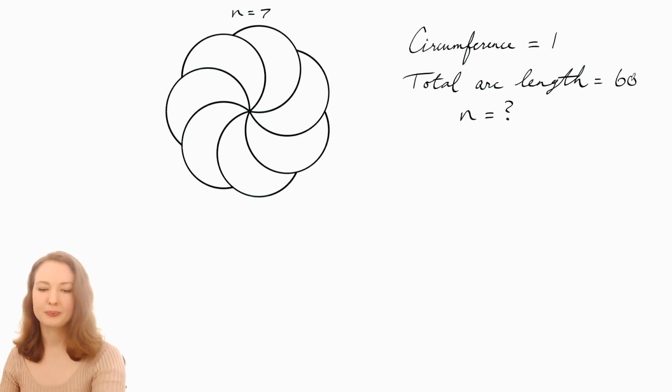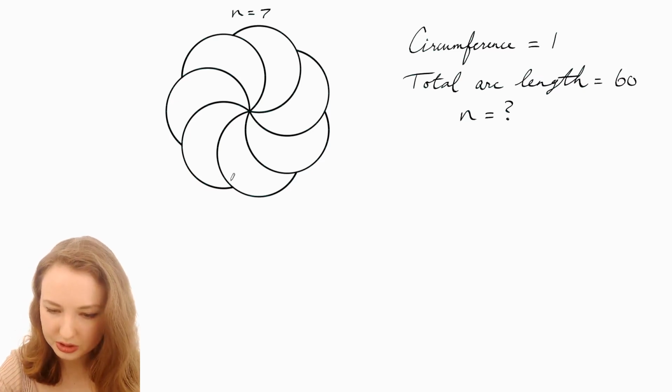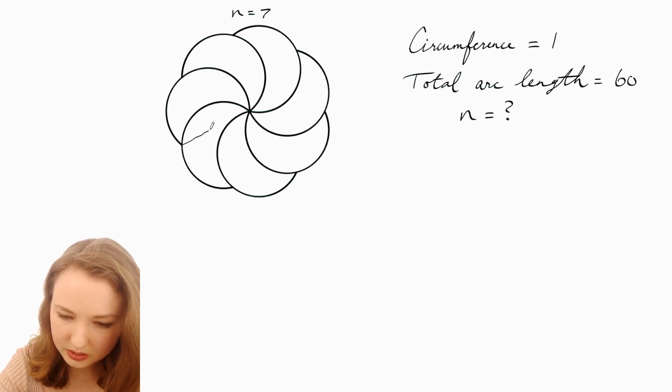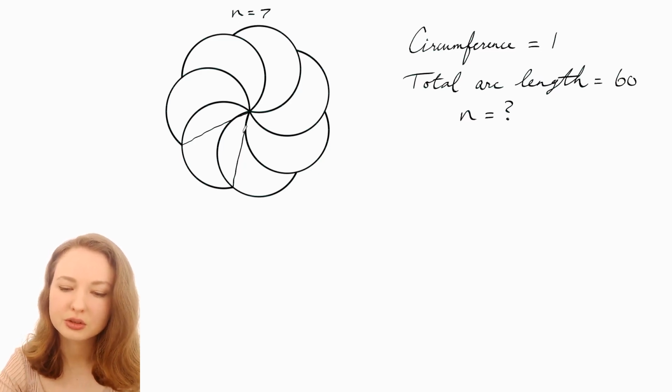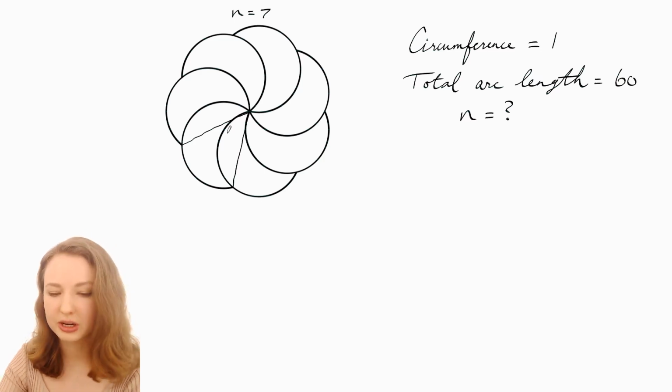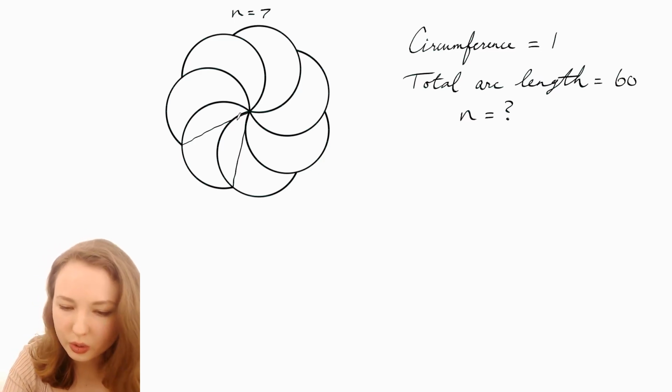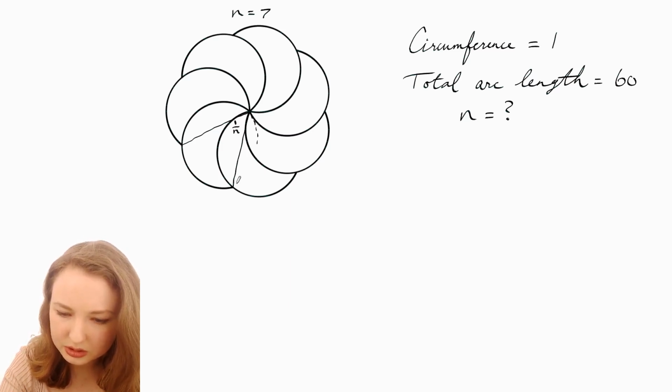So, what I did first with this one is draw these lines in, and then we know that this is an nth of the whole 360 degrees. So I'm just going to call that 1 over n, and actually let's draw in the rest of this circle.